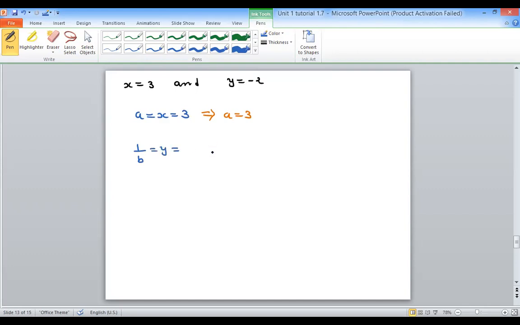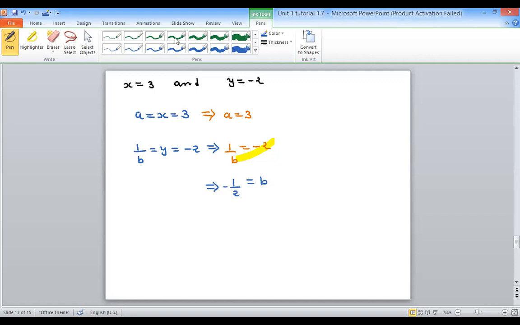So simply you can say 1 upon b is minus 2. Just take the cross multiply. This 2 is multiplied by here and this b is moving here. So 1 upon minus 2 is equal to b. This minus 2 moves here.